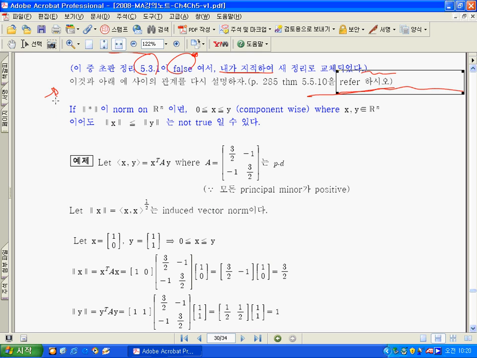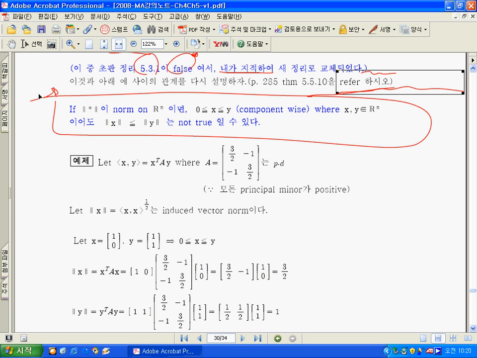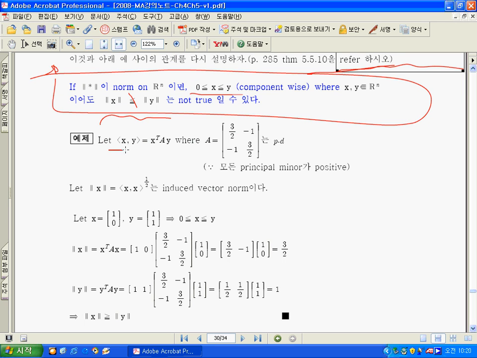Okay, anyway, if this is a norm on Rn, and x and y hold this inequality component-wise, still the norm may not keep the order. See the example. Let's define a norm in this way. Then A is positive definite.